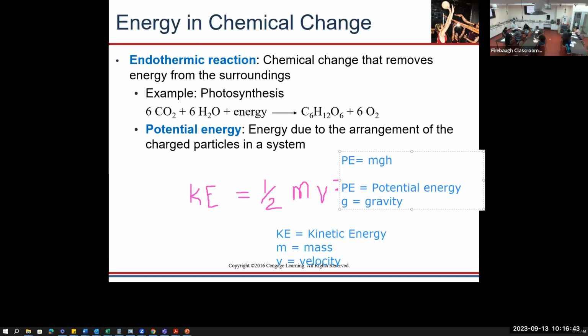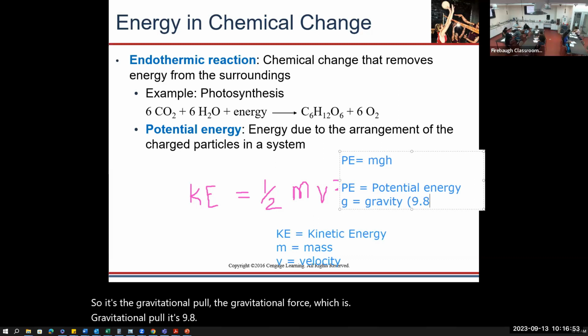So it's the gravitational pull or the gravitational force, which is 9.8 meters per second squared.